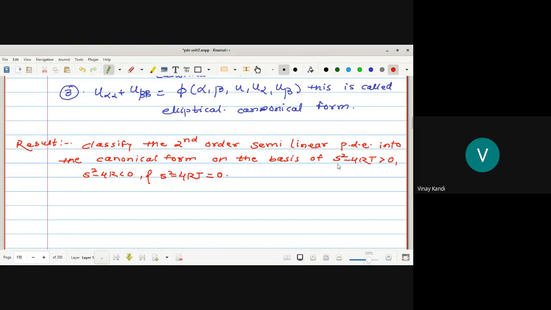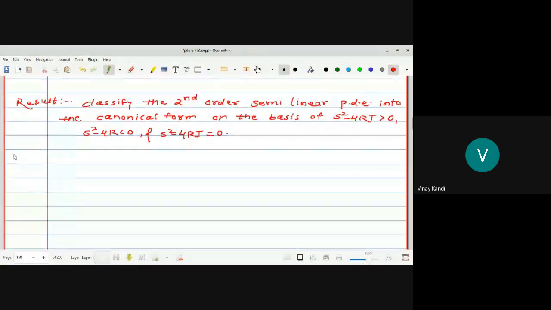By using this discriminant, we know whether the second order semi-linear partial differential equation is of hyperbolic, parabolic, or elliptic canonical form. Okay, let's look at the result and solution.